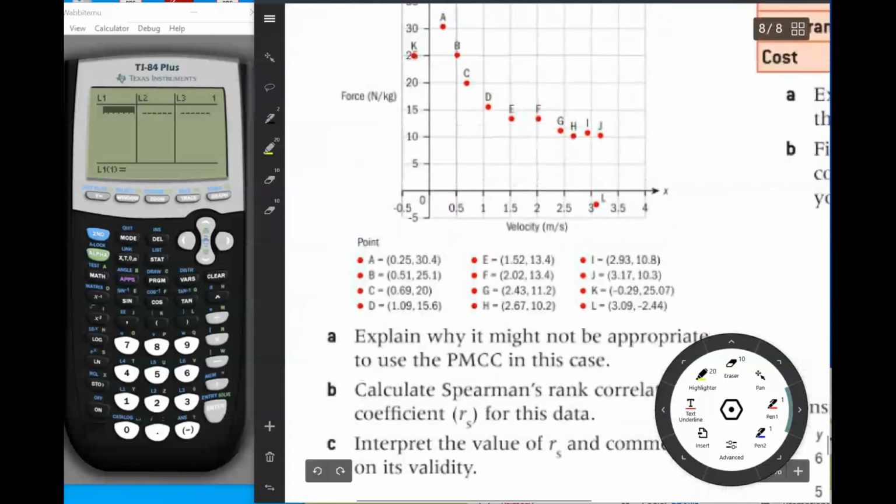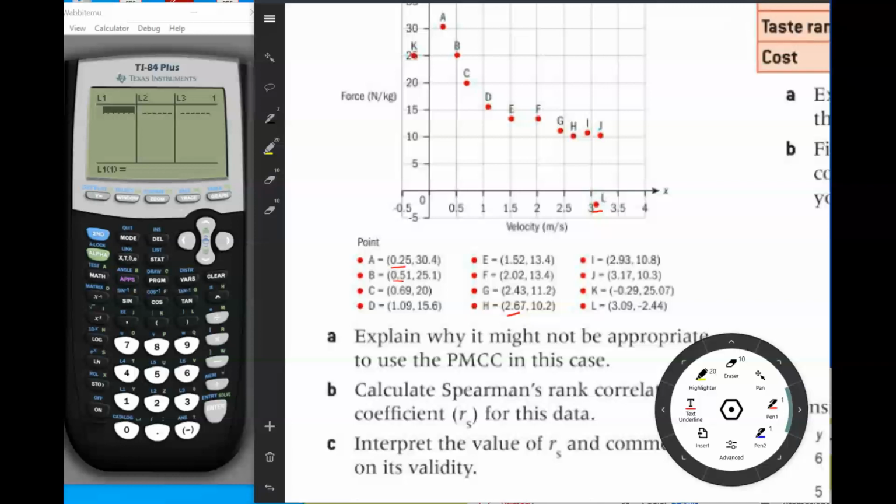I'm looking at these numbers, and it looks like the smallest value is either H or J. I'm going to have to look at the exact data to be sure. So H is 2.67, and don't forget about this one. Look at L. Oh my gosh, L is very low. Okay, that's a y value though.